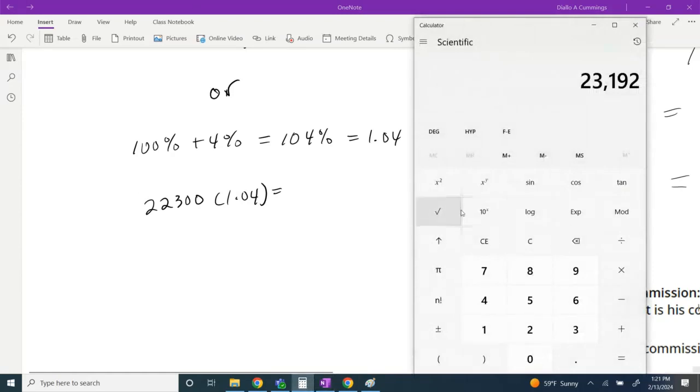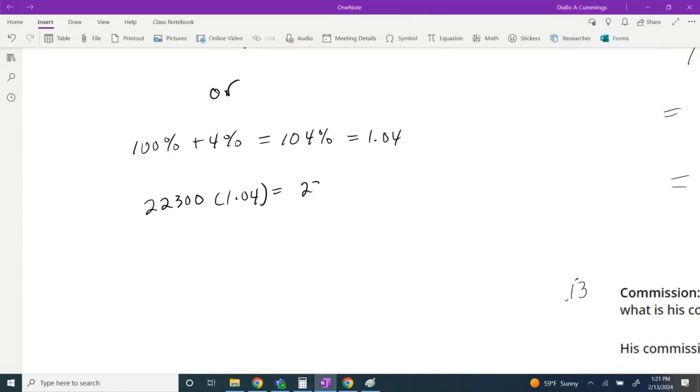So if I multiply those two things together, 22,300 times 1.04, we get exactly $23,192 in one step versus two steps.